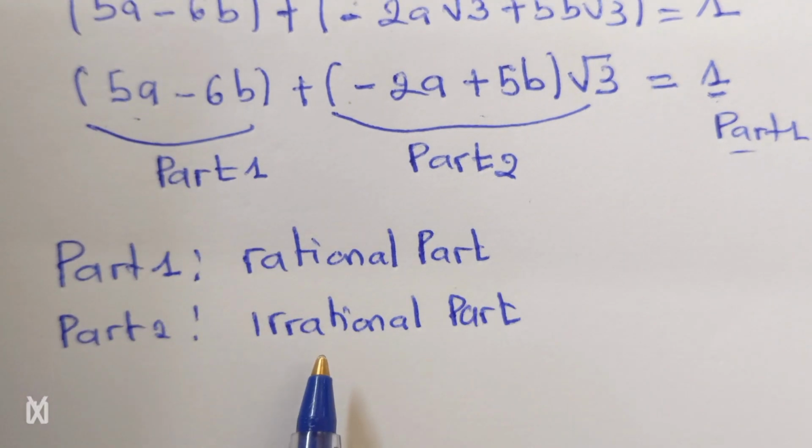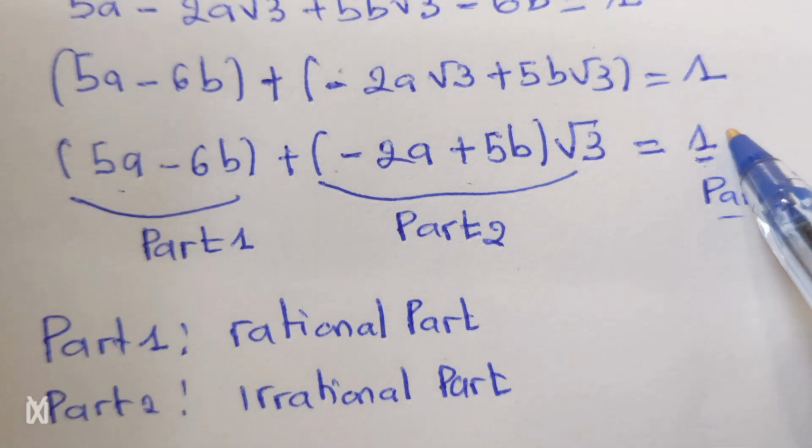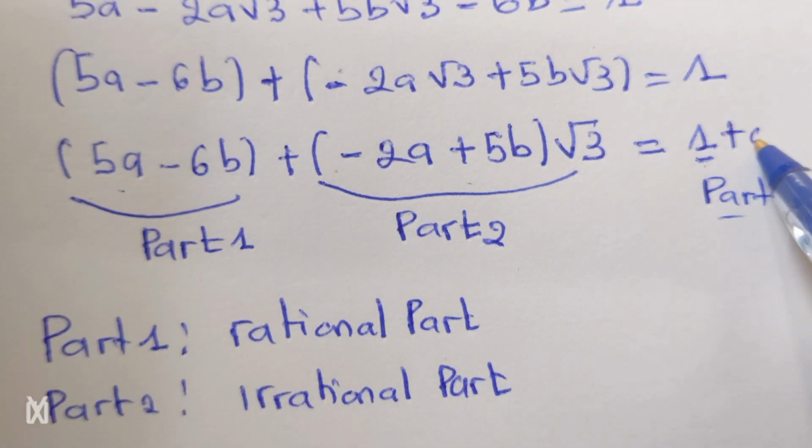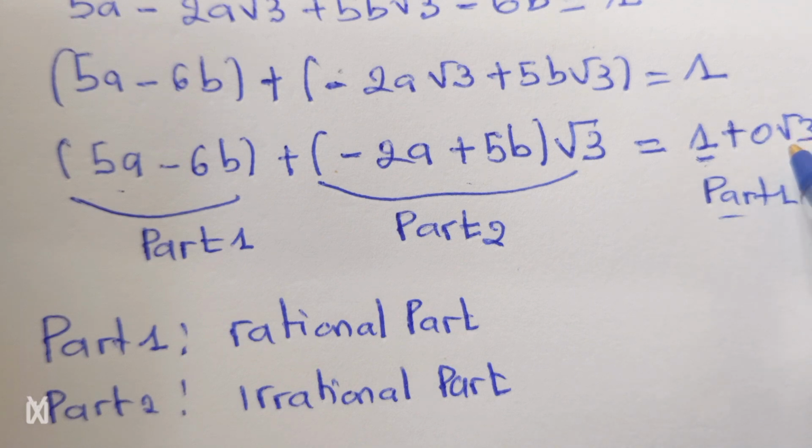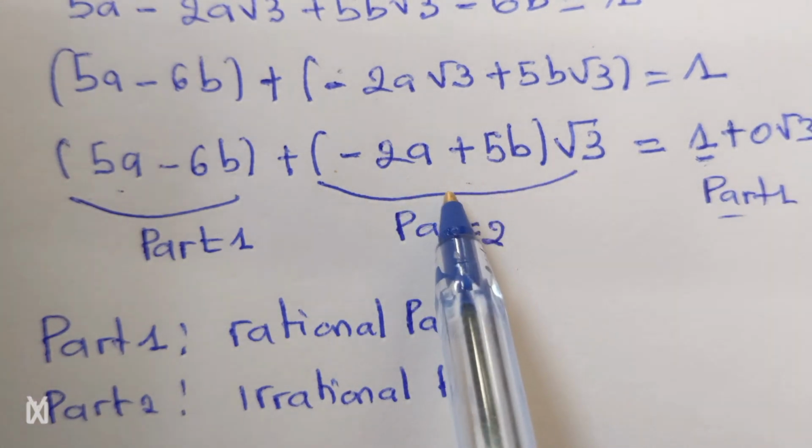It means that here we have another number, which is plus 0 square root of 3, because here we add nothing. So 0 square root of 3 is the same as this part 2.